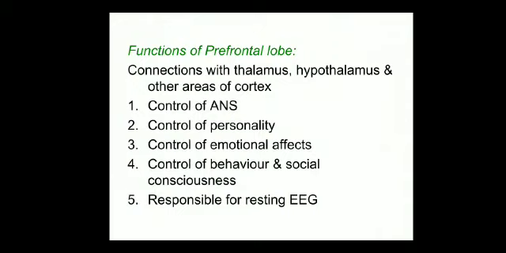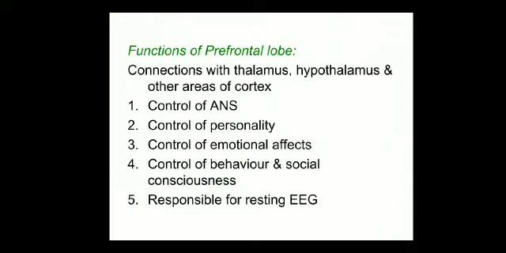As the prefrontal lobe establishes connections with the thalamus, hypothalamus and many regions of the cerebral cortex, this system is considered an integrated unit. The activities of this lobe are mainly concerned with ANS control, that is, control of the autonomic nervous system.